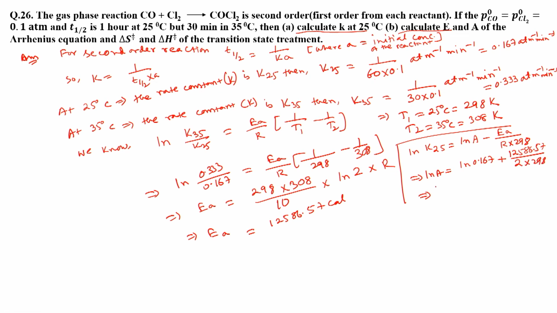So we get value of A is 4.74 times 10 to the 6 atmosphere inverse second inverse. So this is the value of A that we can calculate.